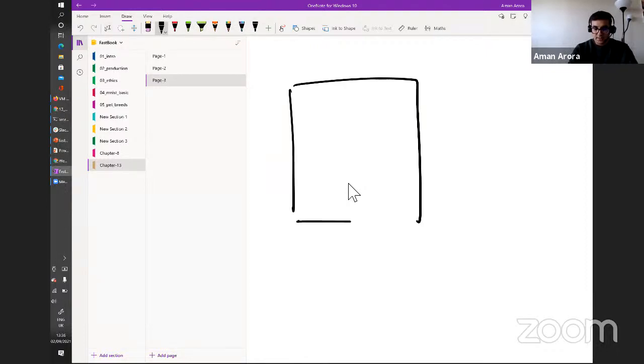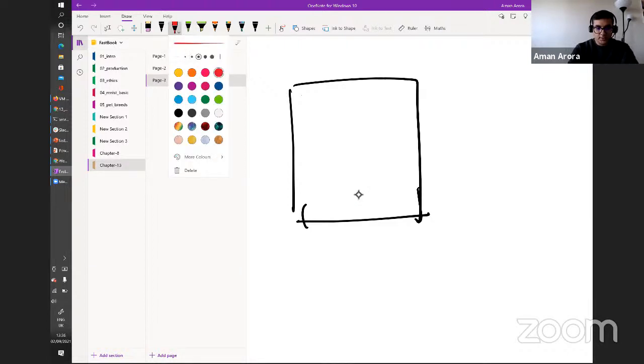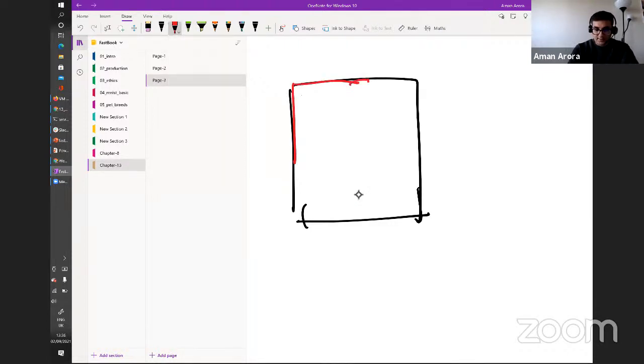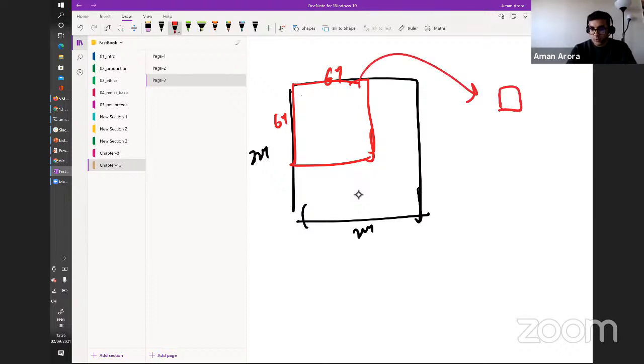So if this is my input image, say my input image is 224 by 224. And let's say my kernel is 64 by 64, right? So what's that going to do? That's going to produce one output, right?